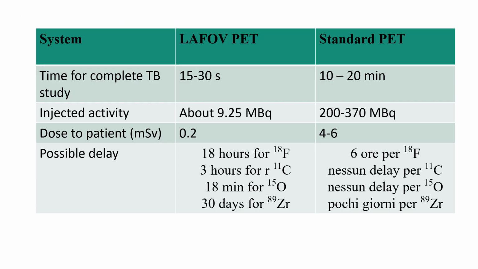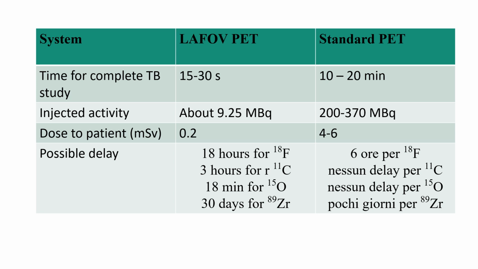This is a short comparison between a standard PET and a large FOV PET according to the time to complete a total body study, which usually takes between 10 and 20 minutes for a standard PET. With a large FOV PET it will take 15 to 30 seconds.